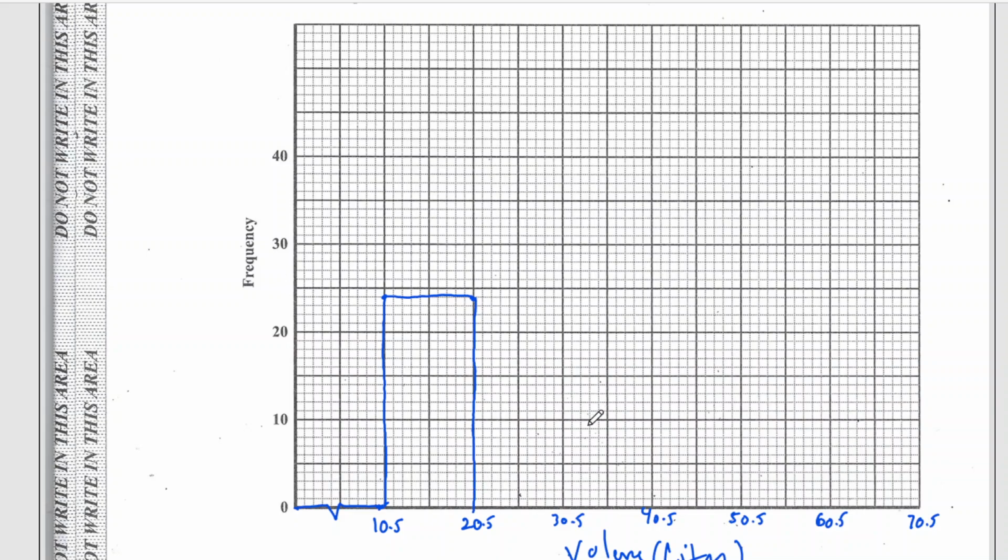Right, so the first bar we have at height 24 is between 10.5 and 20.5. The next bar, between 20.5 and 30.5, was a height of 35. So we need to go up to 35. 35 is here.